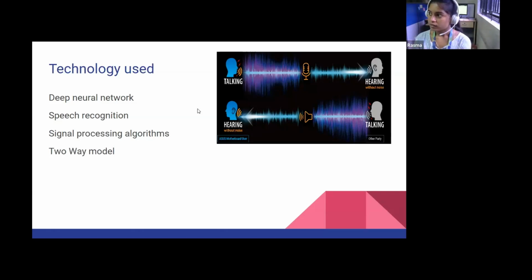Once it has learned this, it filters the noise out of the audio. They also use speech recognition and signal processing algorithms, which extract the sound from the microphone, analyze the whole audio from the speaker and microphone, and then produce the audio without any noise.